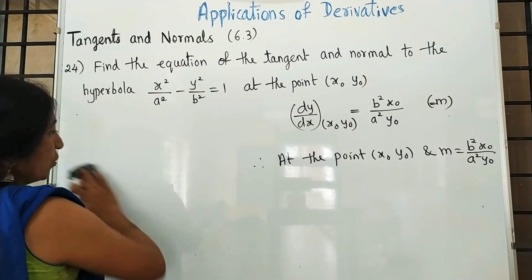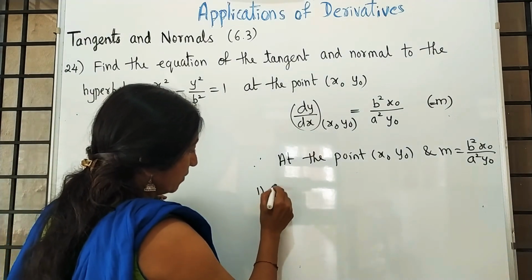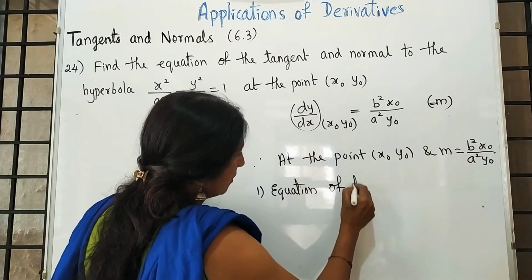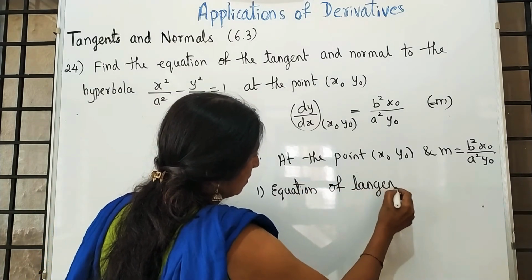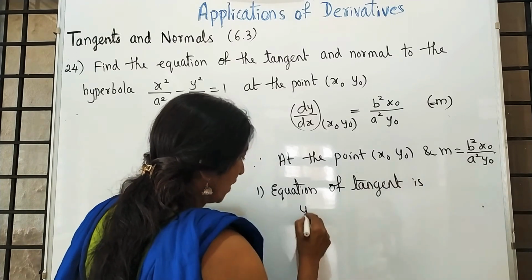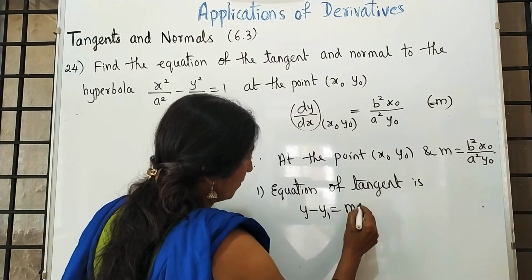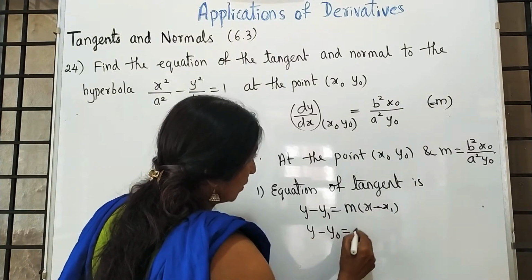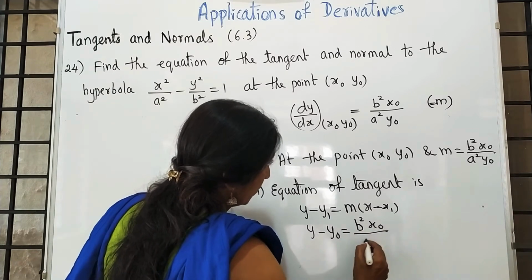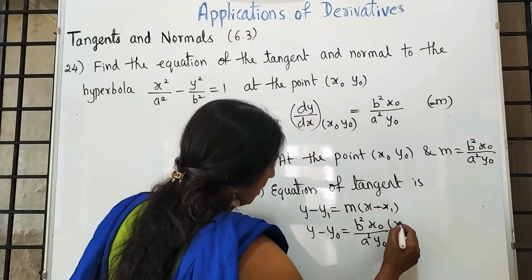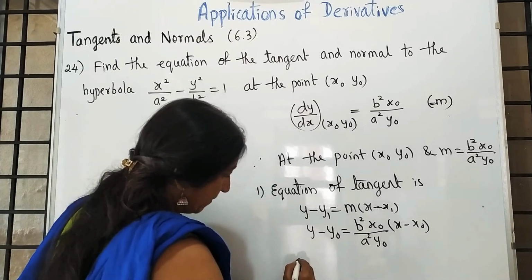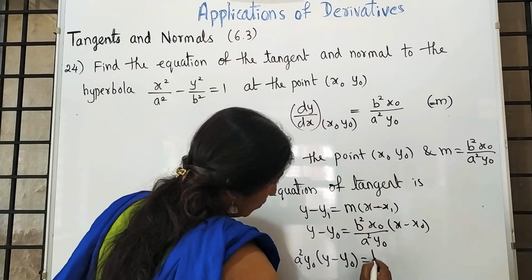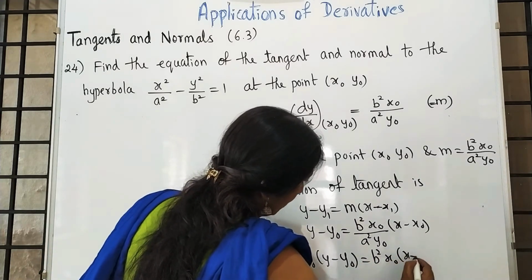First I will write equation of tangent. First one, equation of tangent is y minus y1 is equal to m into x minus x1. That is y minus y naught is equal to b square x naught upon a square y naught into x minus x naught. Cross multiply. A square y naught into y minus y naught is equal to b square x naught into x minus x naught.